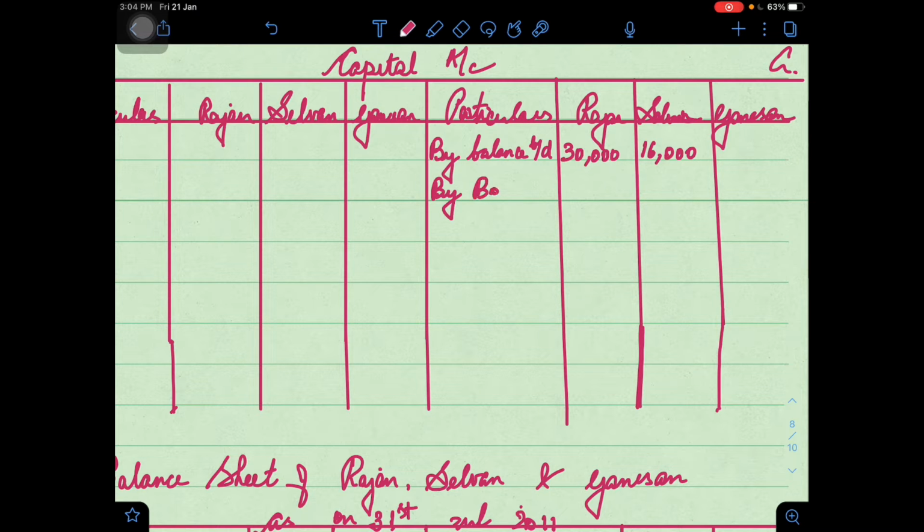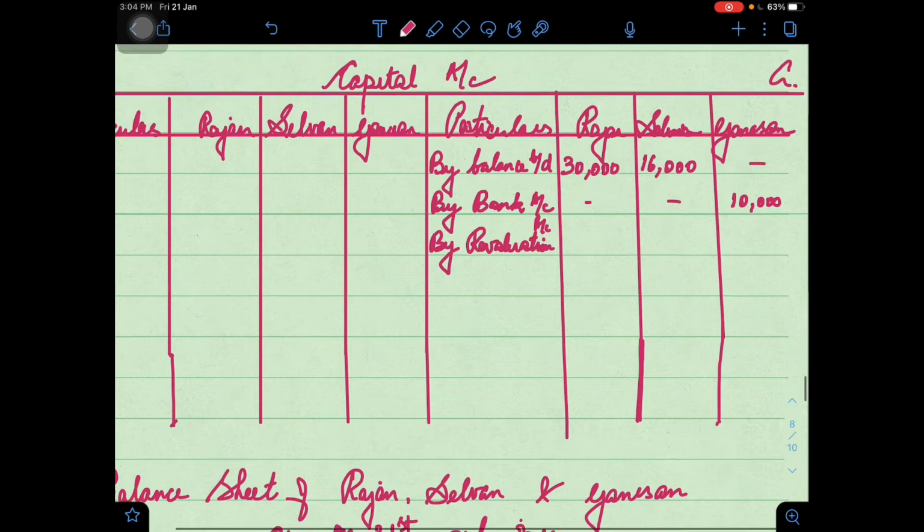Don't forget to show the amount of capital brought in by the new partner, Ganeshan. That will be 10,000. Keep the other things blank. Revaluation showed a profit, and profits will appear on the credit side. So from the revaluation account, what will we get?